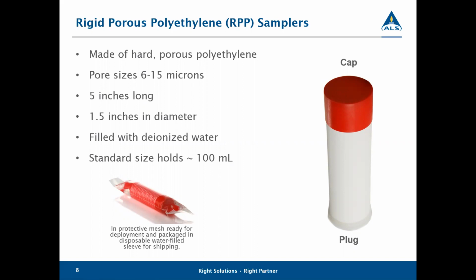If they're handled roughly, if squeezed in shipment, the water can seep out of those pores. So we send them in a water-filled sleeve for shipping. When you're ready to deploy, you just cut it out of the polyethylene bag. It's contained within that red mesh device, which is exactly where you're going to hang it from for deployment into the well.